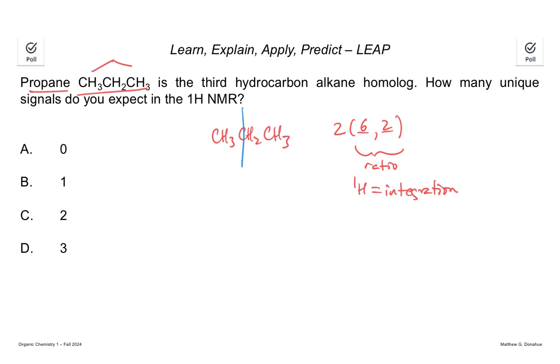The computer does some math, and really what it's doing is calculating the area under the curve of interest, and then it finds a ratio for you. We'll show that a little later today with some of the data we look at. So we have 2 signals, with the ratio of 6 to 2.